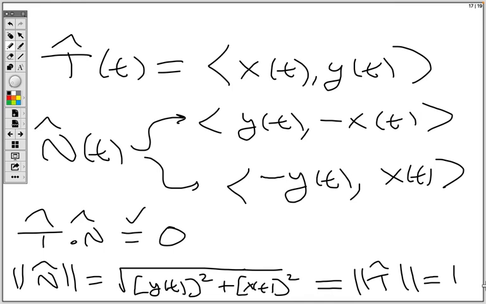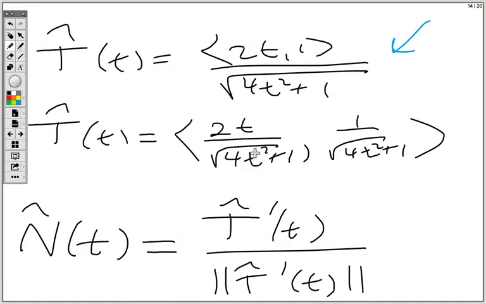Now you will get 2 exciting options for n of t. So that's when we go back and say, well, n of t points to the direction that you're turning. So in 2 dimensions, that means we're pointing towards the concave side of the curve. So in our particular example, here's what we've got for t hat. We've got the 2t, 1 over the 4t squared plus 1.